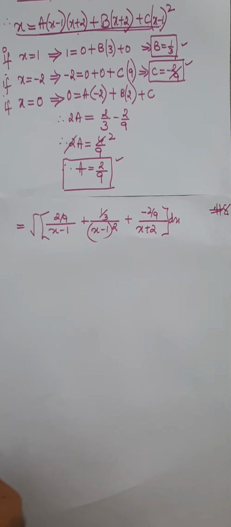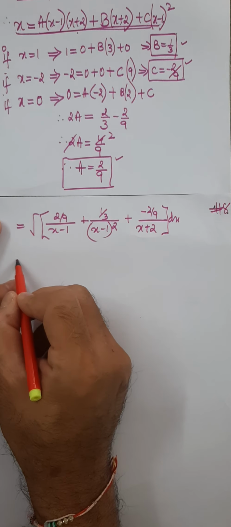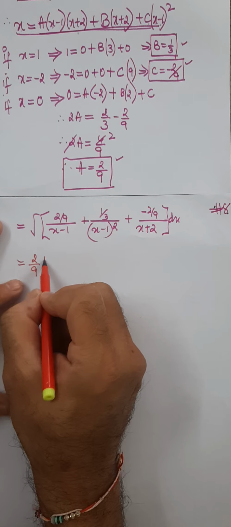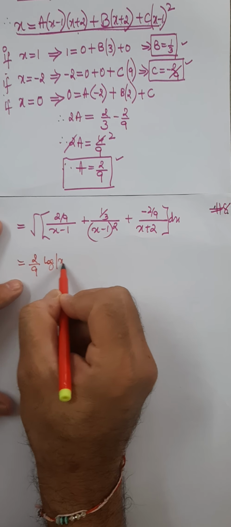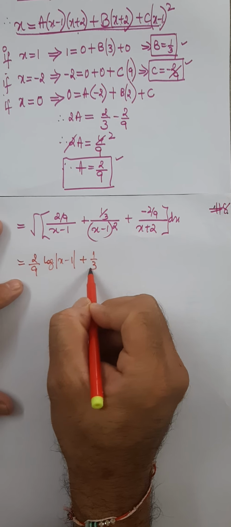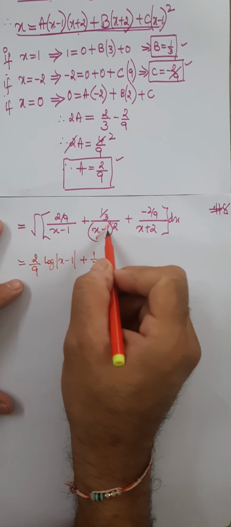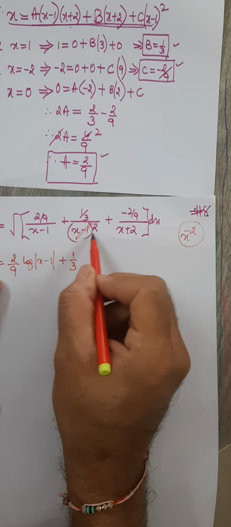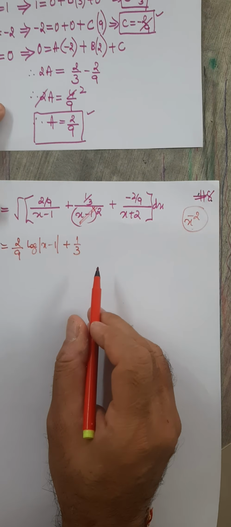So far we have not done integration. Now we are integrating, remember. What about this? 2 by 9 outside. This is log of mod of x minus 1, a linear function. 1 upon 3 outside. This is like x, so this looks like x raised to minus 2, remember, if I take it into the numerator.